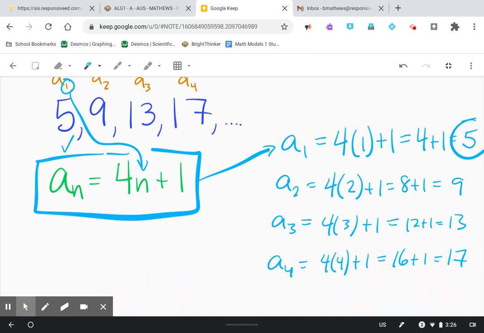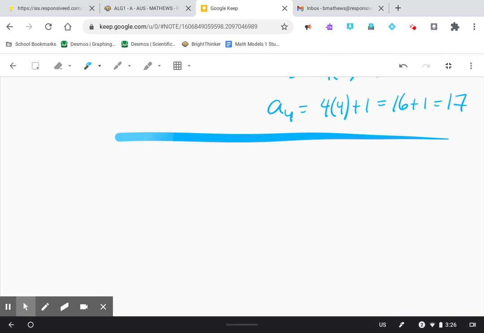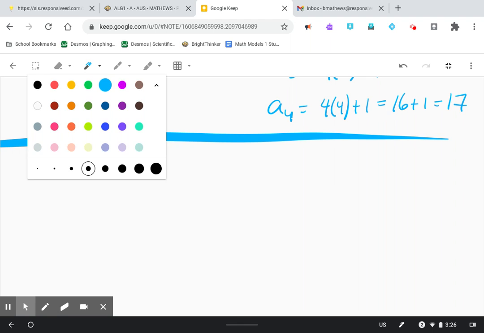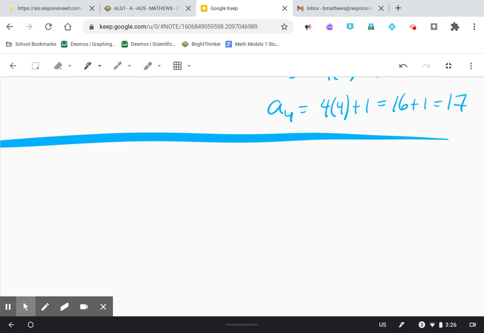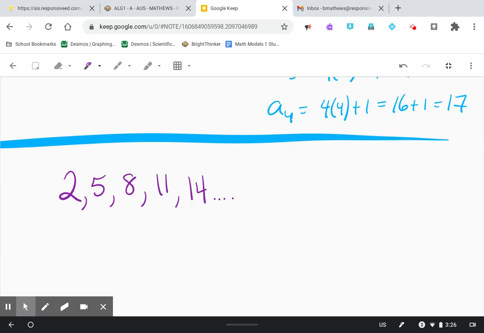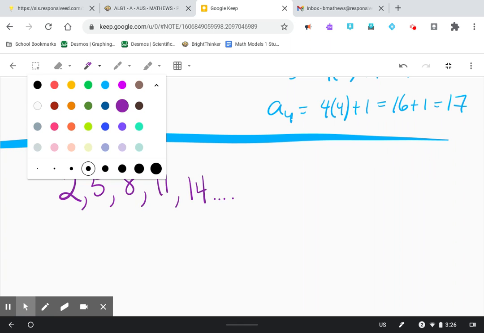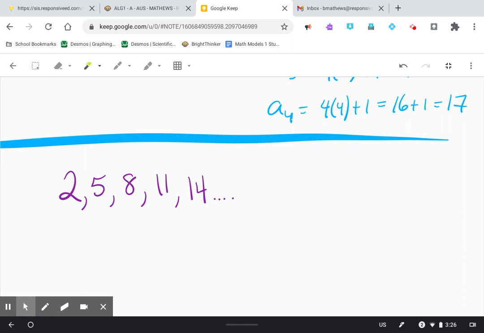The common difference can be easily found. Let me write another sequence down. This is one of the things you're going to have to do. Let's say my sequence is 2, 5, 8, 11, 14, and so on. What is the common difference of this? The common difference is how much it's changing from one term to the next.